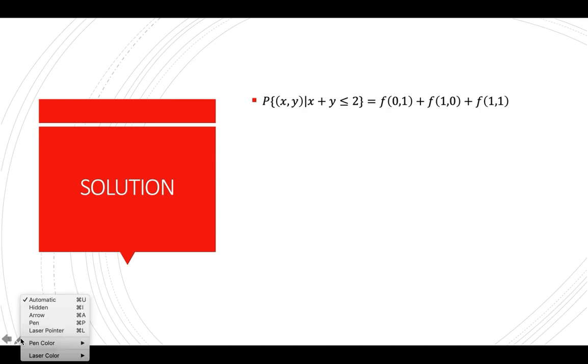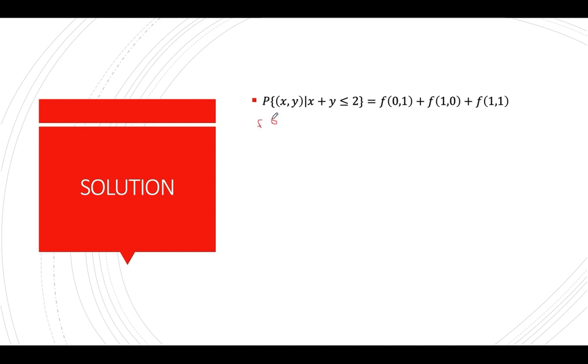Okay, and then we're also asked to find the probability that x plus y is less than or equal to 2. So what are the possible values? Now we cannot choose f of 0, 0.